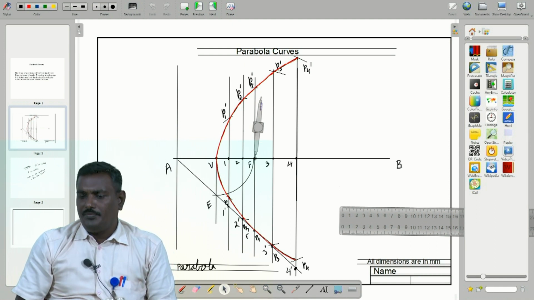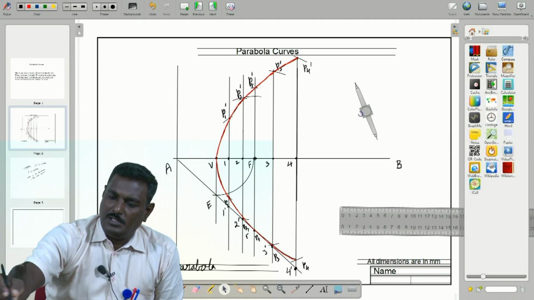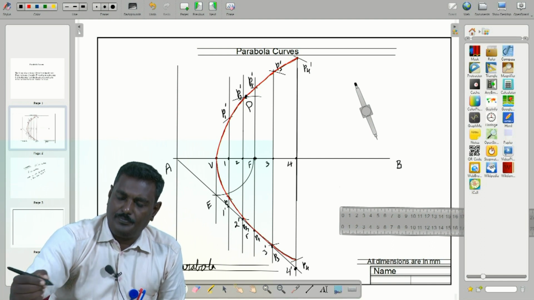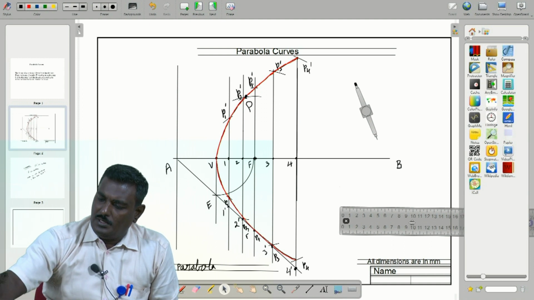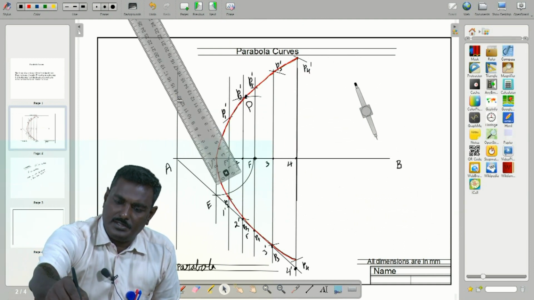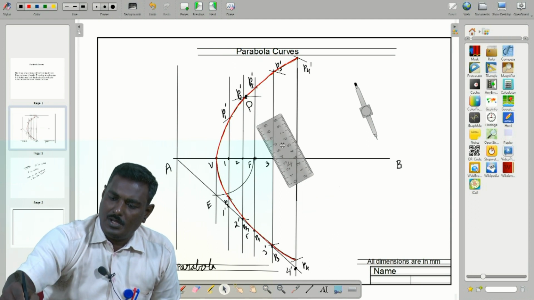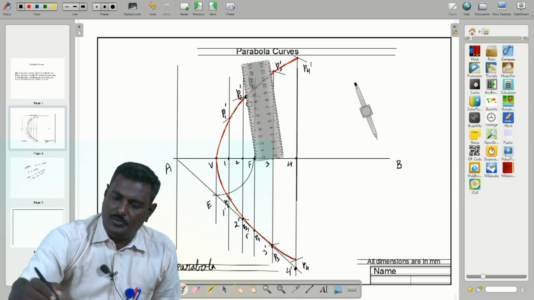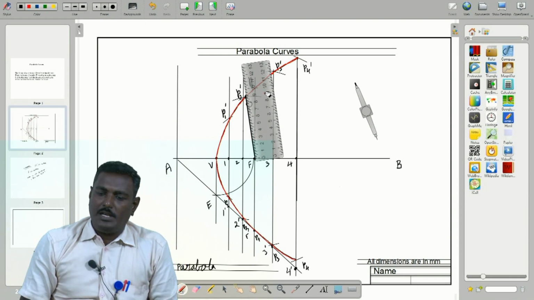Now we draw an arc. That gives the locus point capital P, to draw a tangent and normal. Now draw a line from the focus. It is very thin, not dark. Draw a line from the focus.